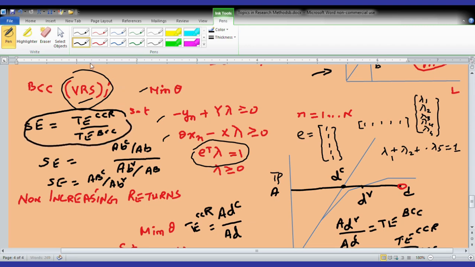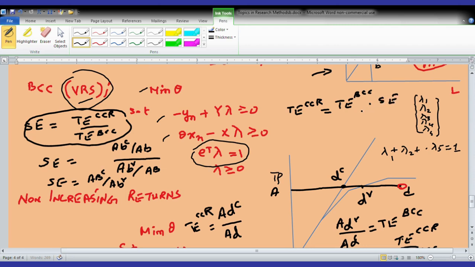formula another aspect. Let us first clean this so that we have some space. This formula also tells us that technical efficiency from the CCR model is equal to technical efficiency using BCC times scale efficiency.